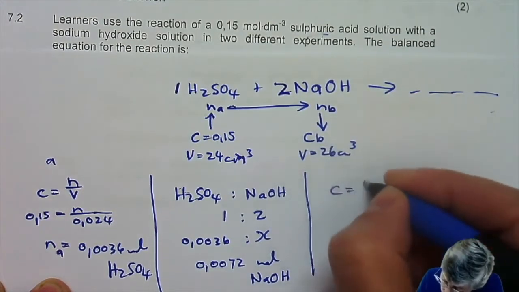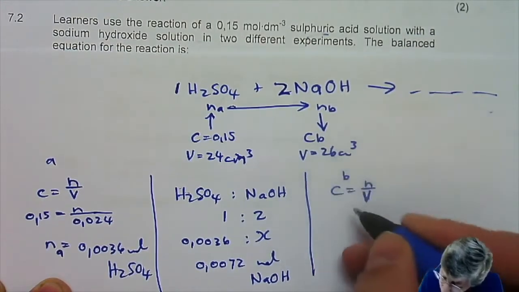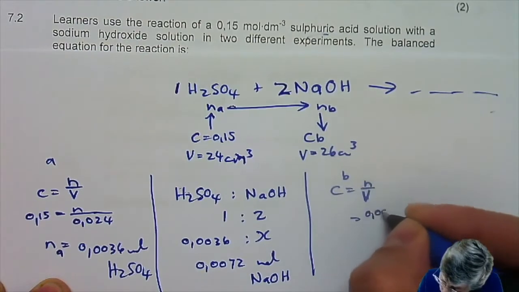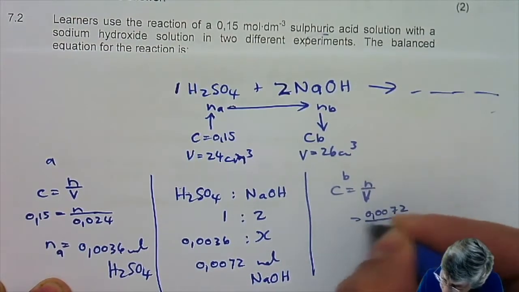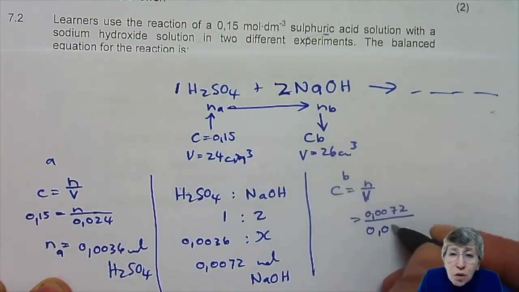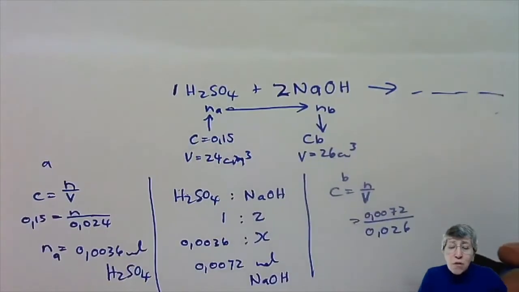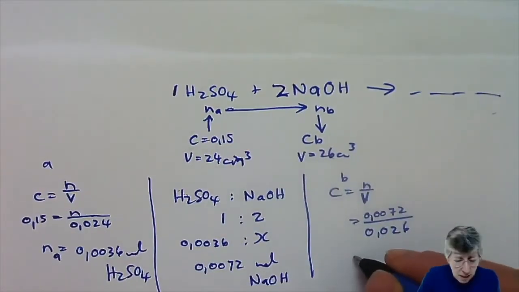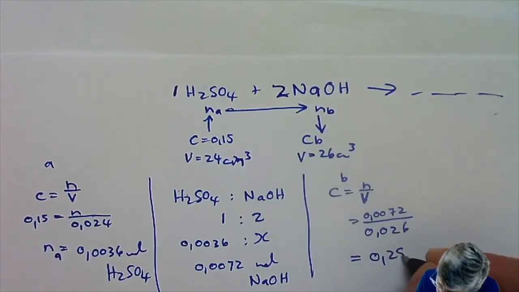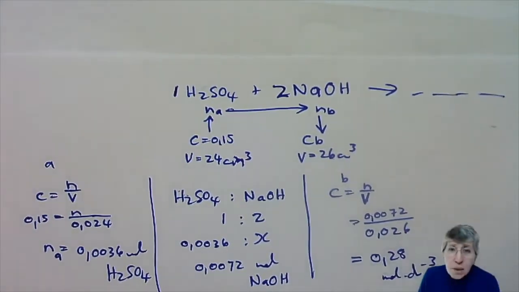So C equals n over V, and I'm now working with the base. Moles, 0.0072. I have to divide by volume, and remember, for volume you have to convert to cubic decimeters, and then you get your concentration as 0.28 moles per cubic decimeter.